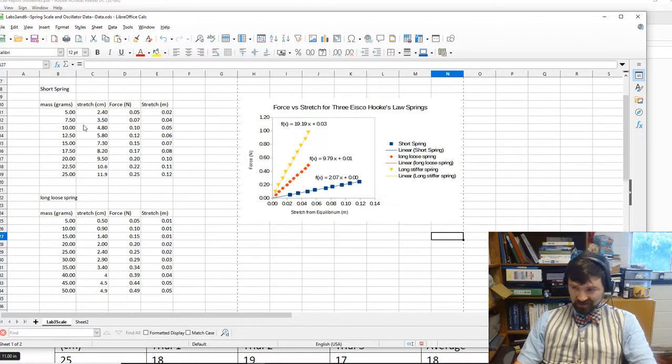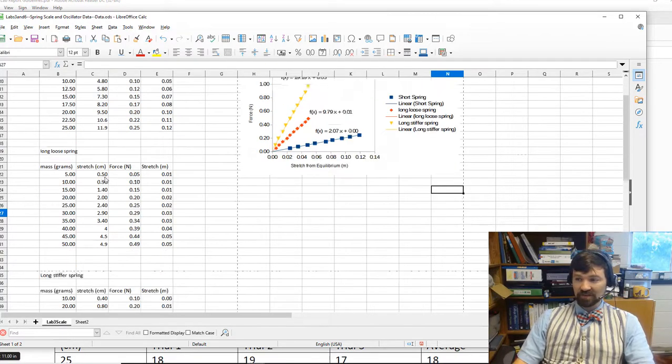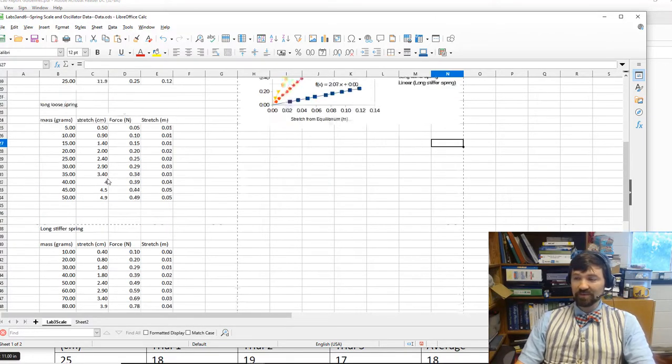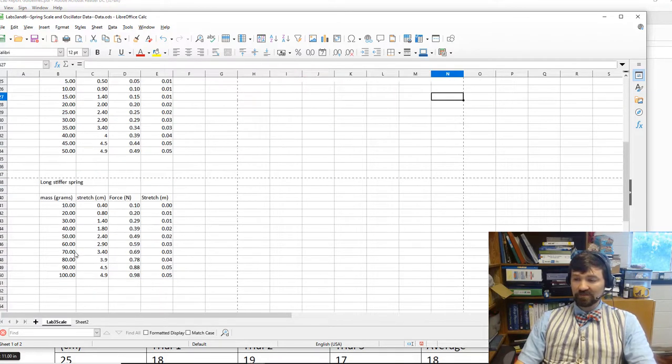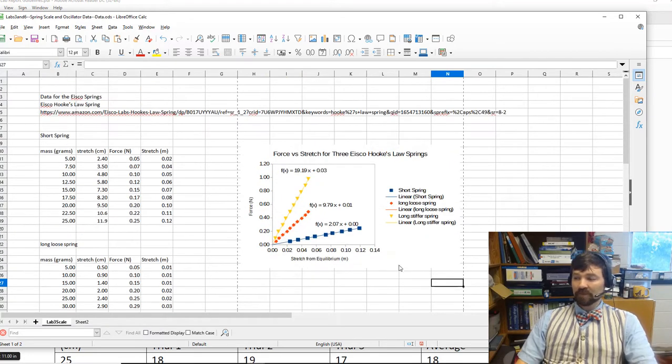Here is a data table with actual data taken on the 3 springs that I showed you. It's actually 3 data tables labeled by what spring we're using. You can copy from Excel into your Word document or whatever you're writing this up into. You can also just make a table directly in the document and write the numbers that are relevant in there.